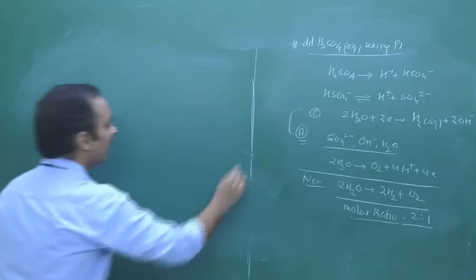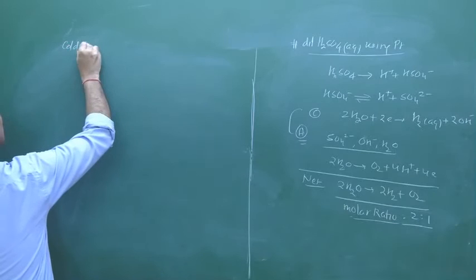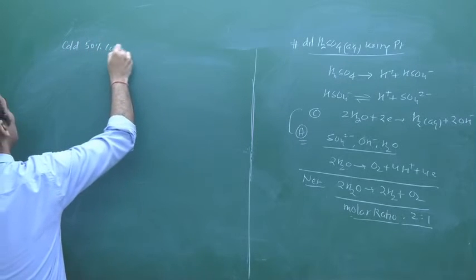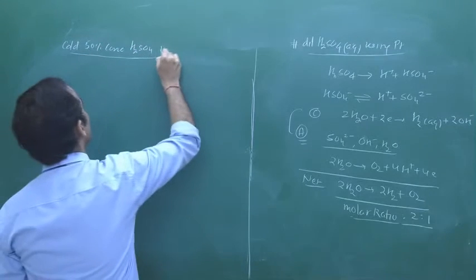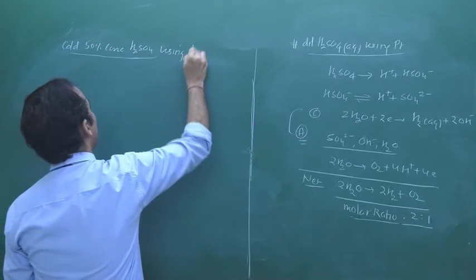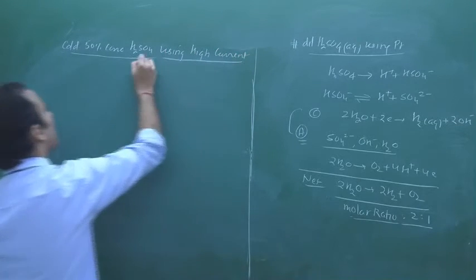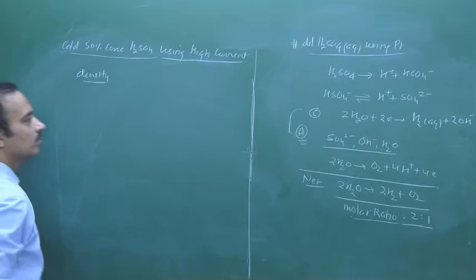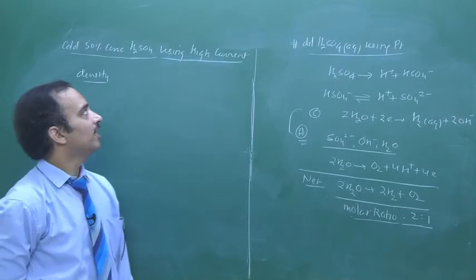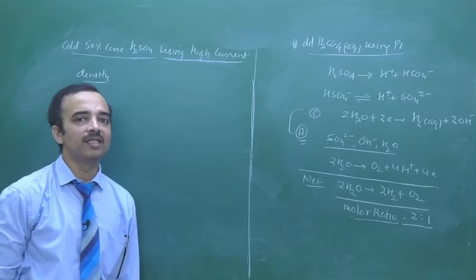Now if we have cold 50% concentrated H2SO4 using high current density, we are electrolyzing concentrated H2SO4 using high current density.